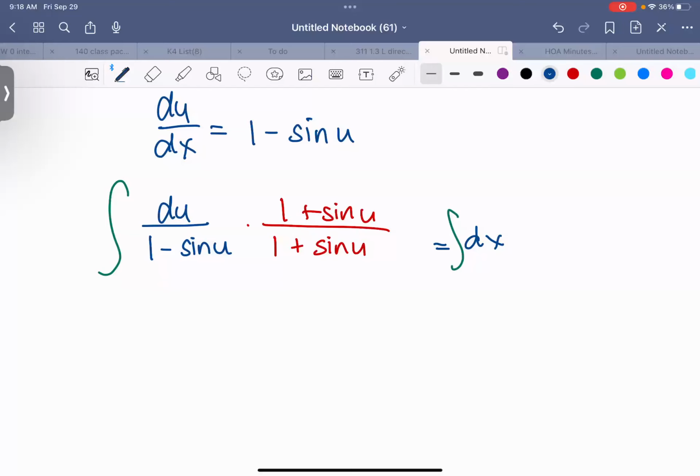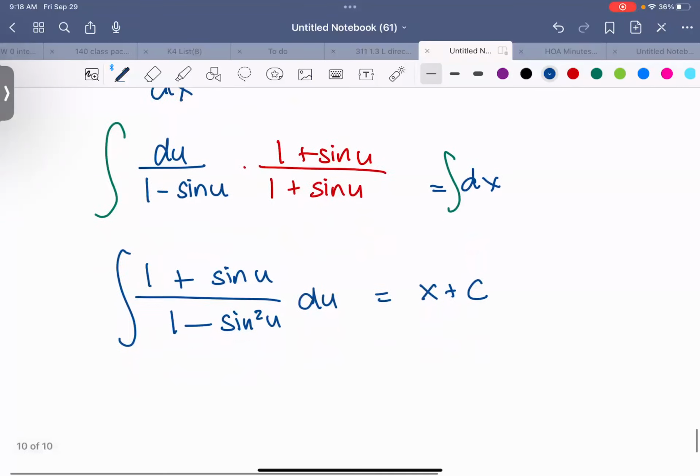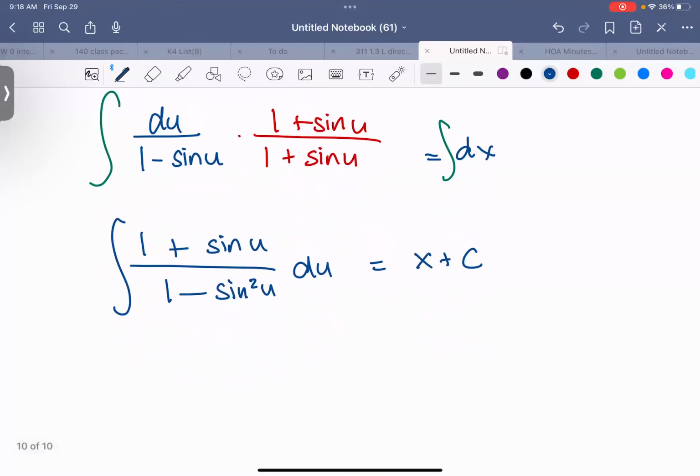Then we would have a 1 plus sine u on the top and a 1 minus sine squared u on the bottom, yes? The right side's just going to be an x plus c. Now, the whole point of going 1 minus sine squared would be to change it to a cosine, okay? So let's do that.